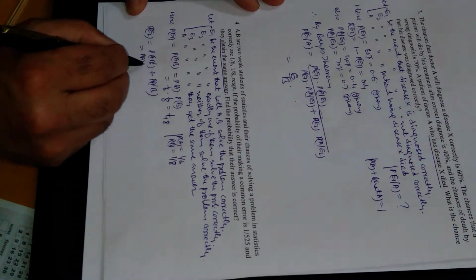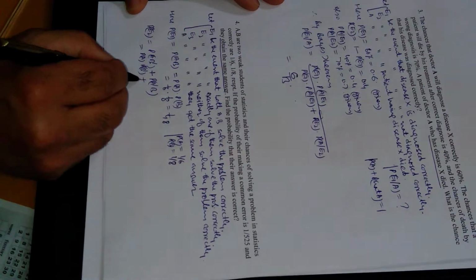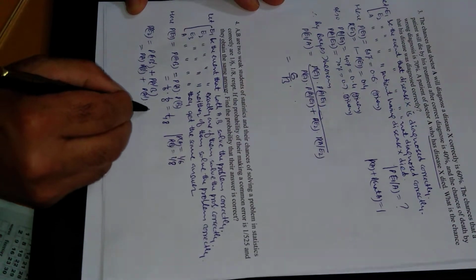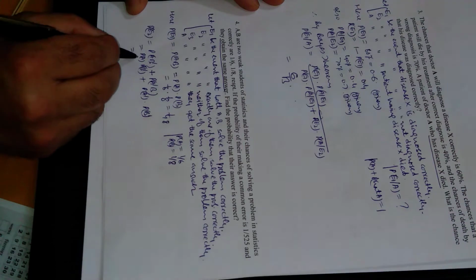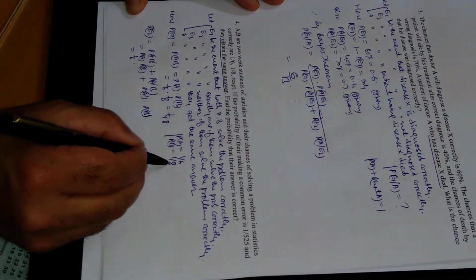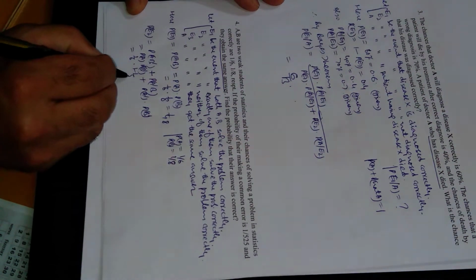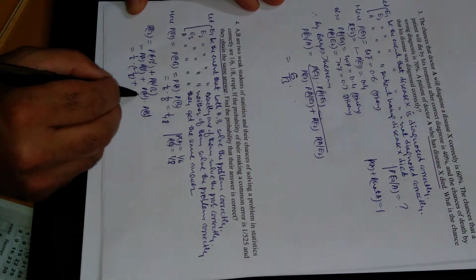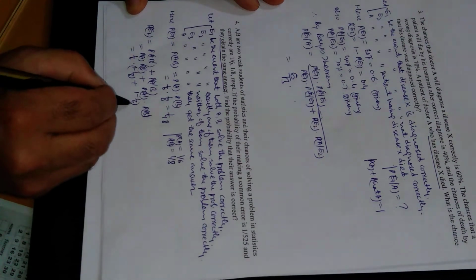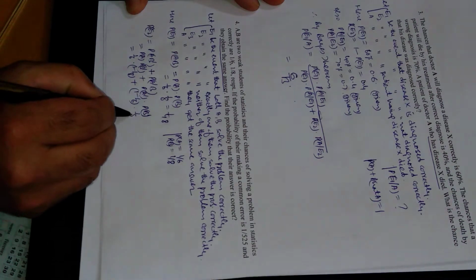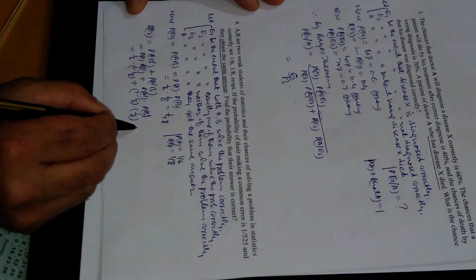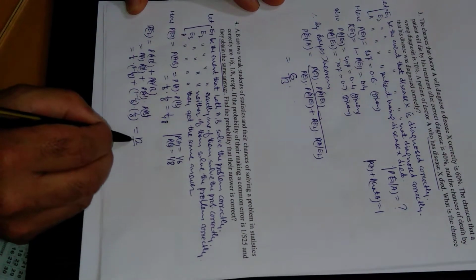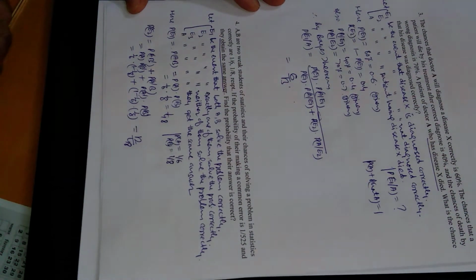This can be written as P of A, P of not B, plus P of not A, P of B. Just substitute the values. P of A is 1 by 6, not B is the opposite, 1 minus 1 by 8, not A is 1 minus 1 by 6, and P of B is 1 by 8. On simplification this will come out to be 12 upon 48.